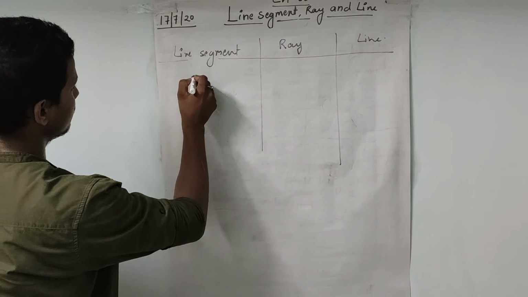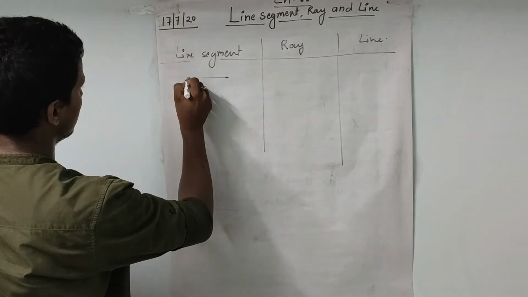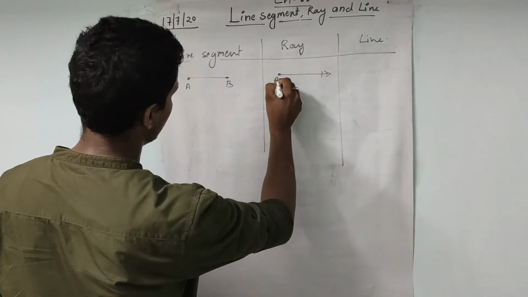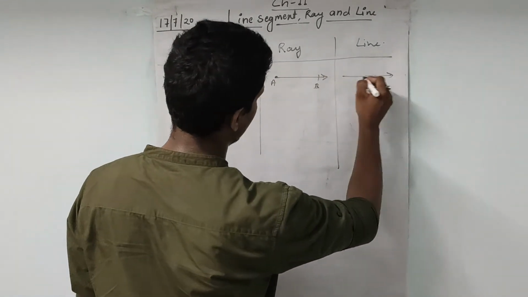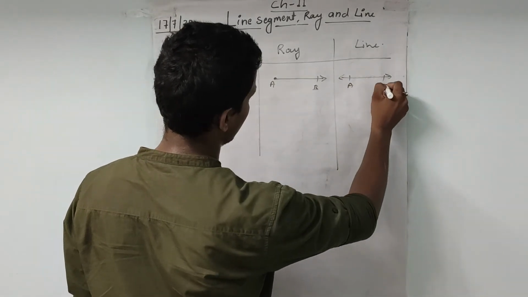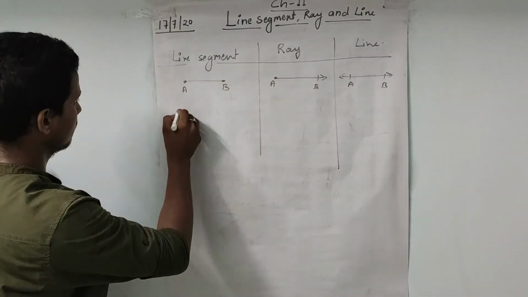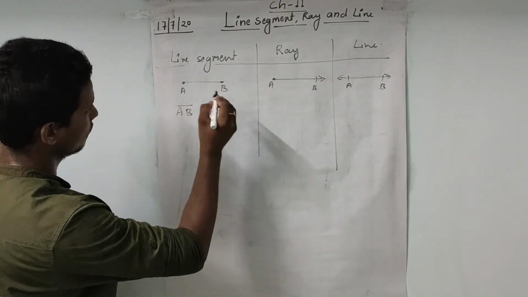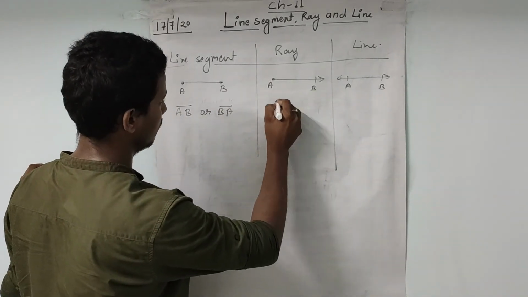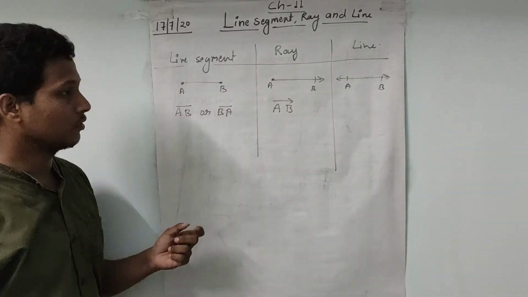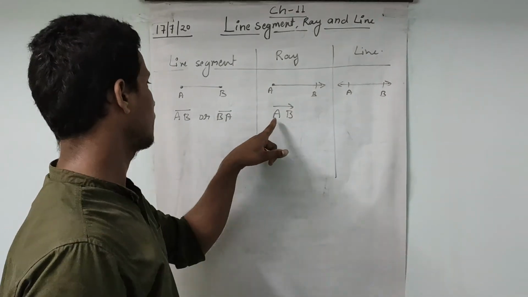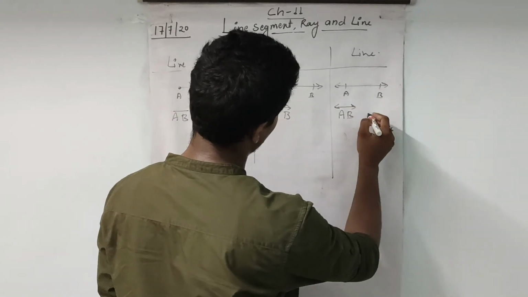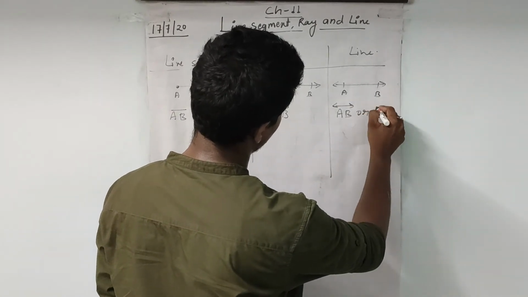The geometrical representation of a line segment is like that, a ray is like that, and a line is like that. Symbolic representation: AB bar or BA bar. But for a ray we cannot write both, because the ray is going towards point B, so we write it like that. For the line, AB double arrowed bar or BA double arrowed bar.